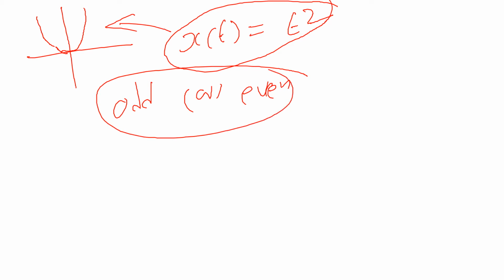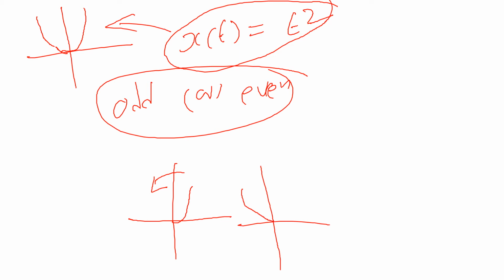Just by seeing this particular signal, even if I am inverting this part to here, or this part to here, whatever the way, I am going to get back the original signal.